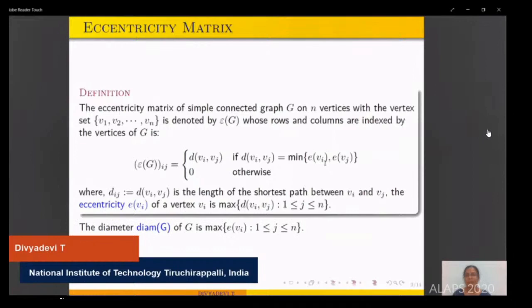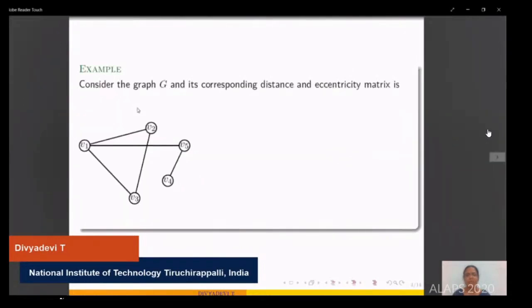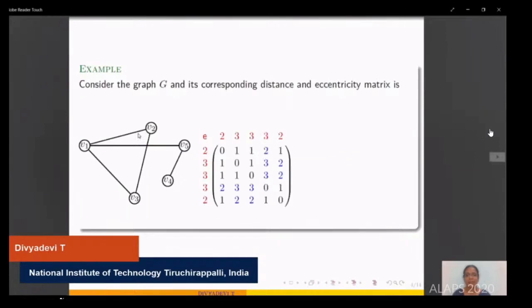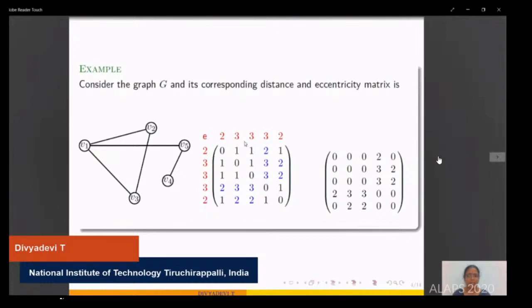Let us see a simple example. Consider this graph G. The corresponding distance matrix is given here. These red color entries denote the eccentricity of a vertex. Then the eccentricity matrix is given here. When you look at the 1,3 entry, the eccentricity of V1 is 2, the eccentricity of V3 is 3, so the minimum is 2, which is not equal to the distance between V1 and V3.